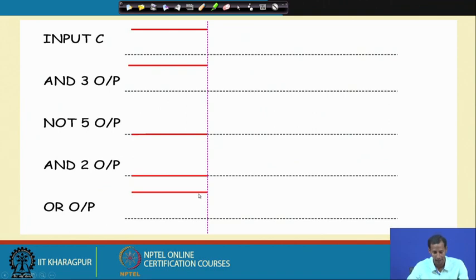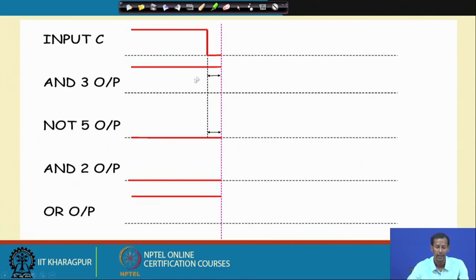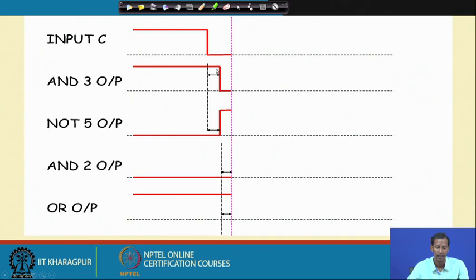Then input C is changed to 0, and AND 3 after some time will be 0, because this gate has some delay.